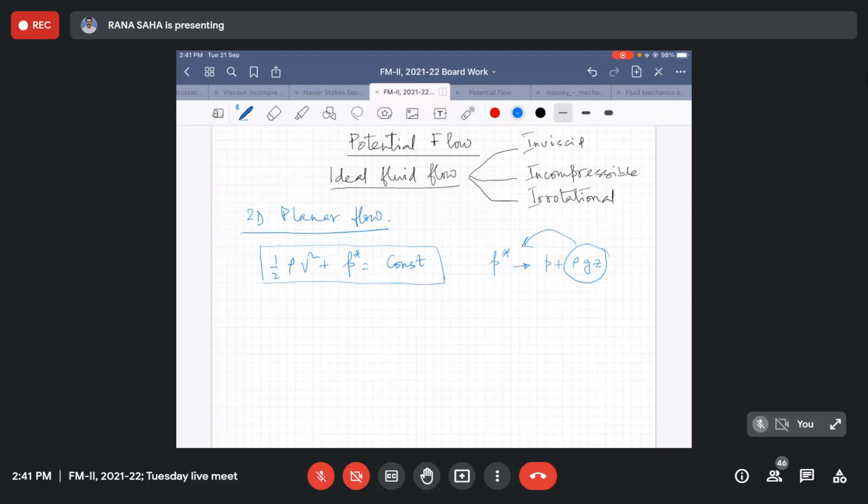And that actually leads to our very familiar form of the governing equation, which we know as the Bernoulli's equation.